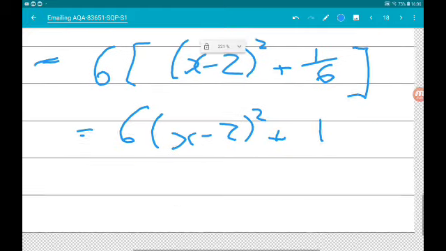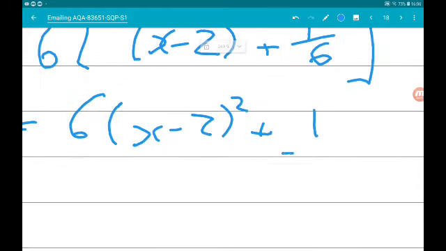Now, the number at the end of completed square form is either the minimum or maximum value.